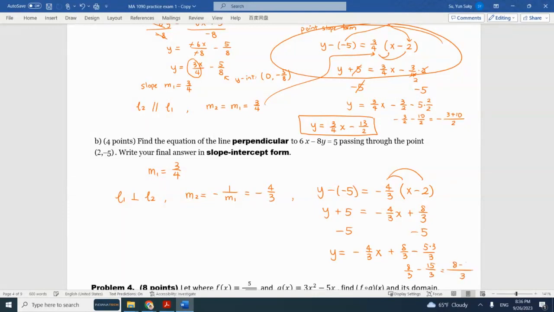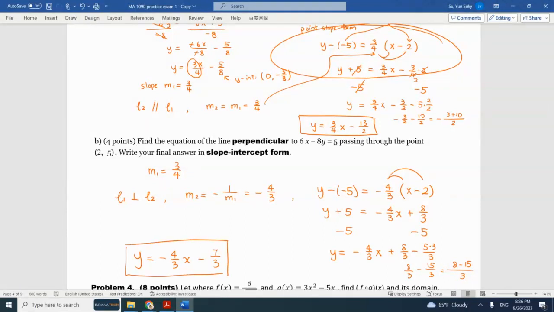So it's like 8 minus 15. So final answer, y equals -4x, and 8 minus 15 is minus 7 thirds. Okay, so this is the final answer.